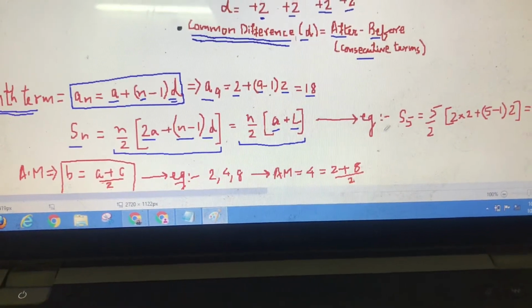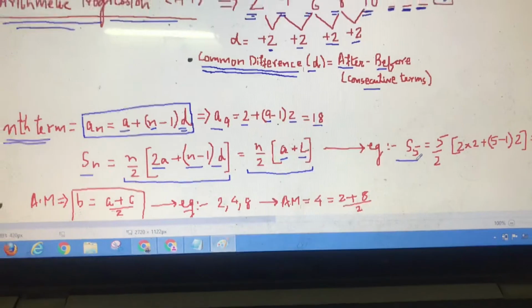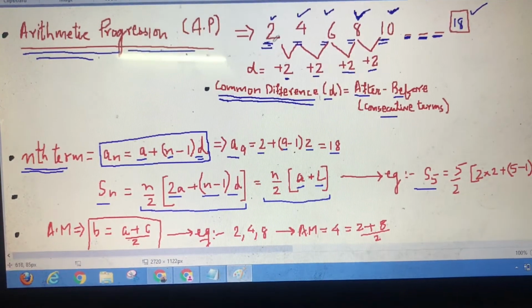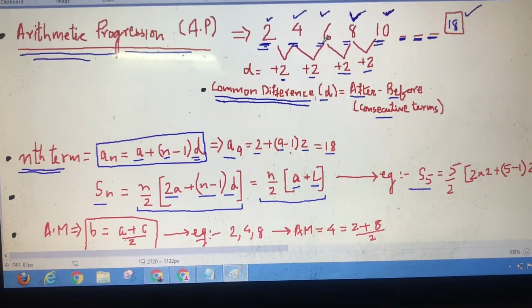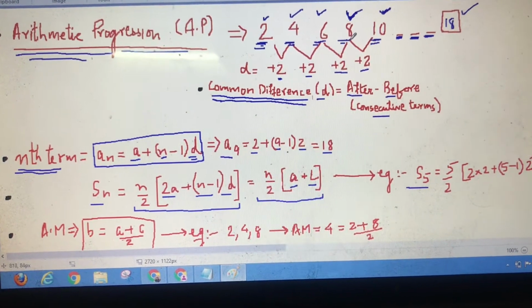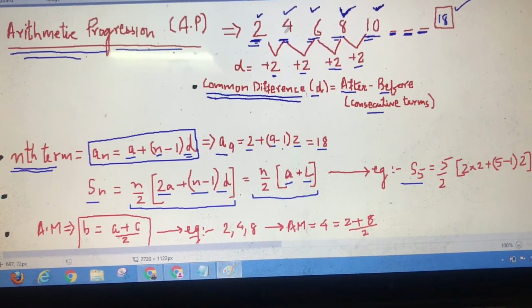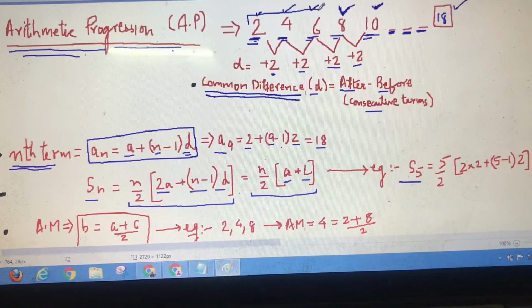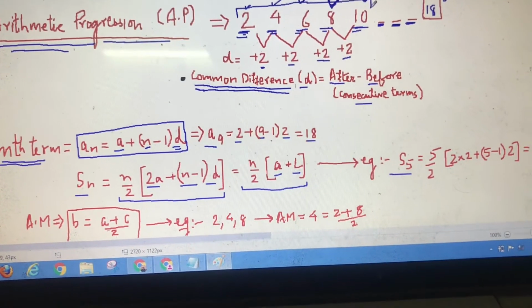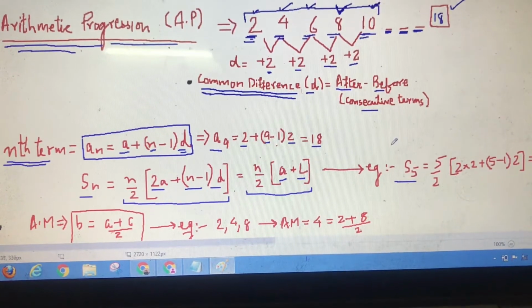For example, you want to find the sum of the 5 terms. Very simple. We know 2 plus 4 is 6, plus 6 is 12, plus 8 is 20, plus 10 is 30. So the sum of the 5 terms in the arithmetic progression has to be 30. Let us check.